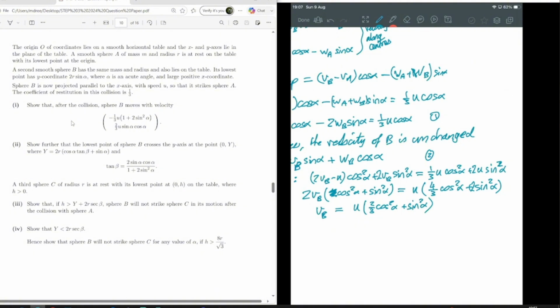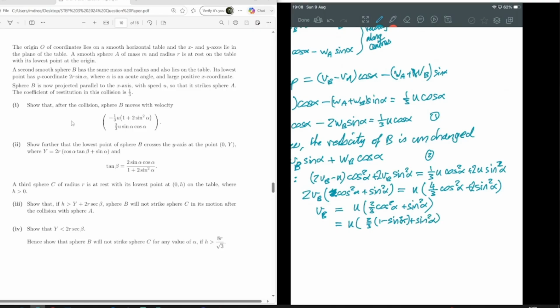And I want to write this purely as sine squared, no cos squareds. So this is u 2/3 1 minus sine squared plus sine squared.